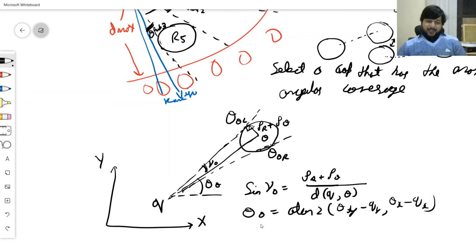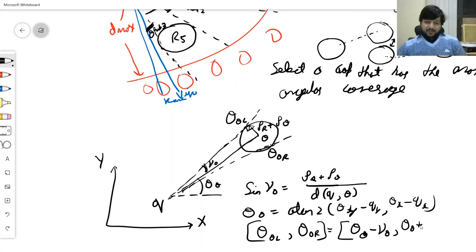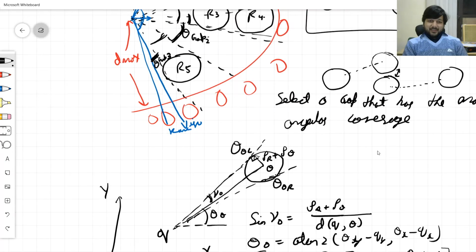So the angular range of this is theta OL to theta OR, both inclusive, which is theta O minus gamma O to theta O plus gamma O. And because it's in the range of minus pi to pi, the cyclicity will have to be dealt with.